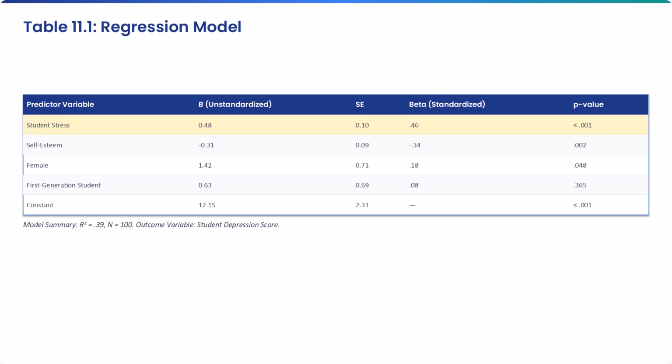Second, we translate that into clear terms. Higher stress accompanies higher depression across all students. Third, we highlight theoretical importance. This finding is consistent with stress process theory. Finally, among the variables included in this model, stress has the largest standardized beta, suggesting that it has the strongest statistical relationship with depression.